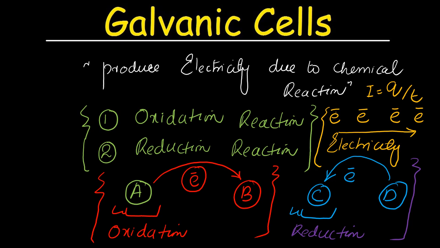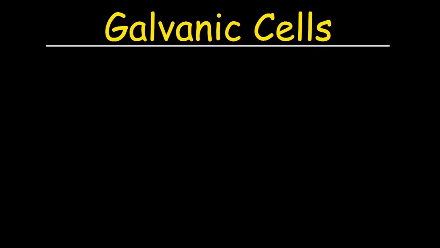Now, dear student, let us discuss the construction of a galvanic cell. A galvanic cell basically consists of two containers.